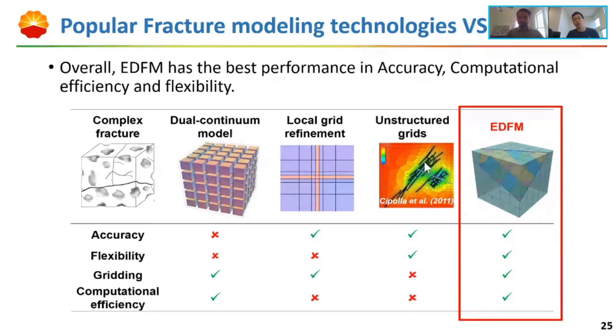But if you really want to do that, you need to create a lot of tiny cells along the fractures. That will consume a lot of your computational capability. It is very difficult to grid, and that's why you need a supercomputer to do that. Also, you cannot handle slant fractures. So overall, EDFM has the best performance comparatively.